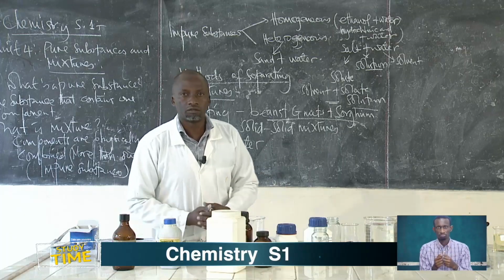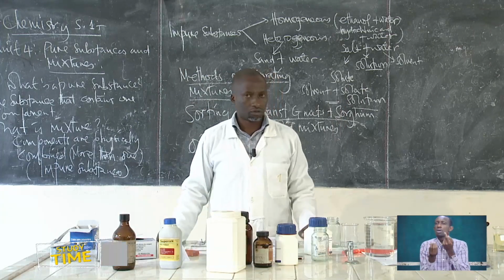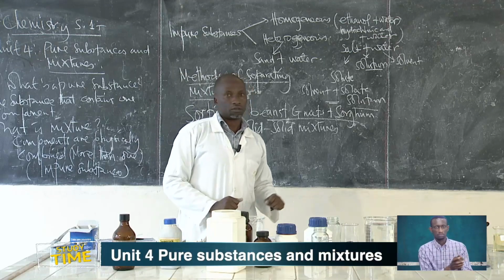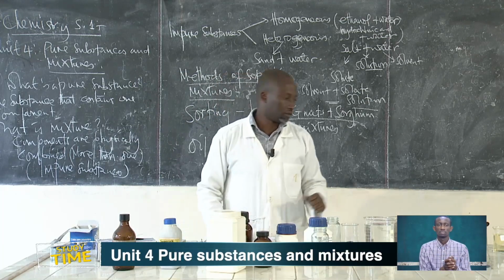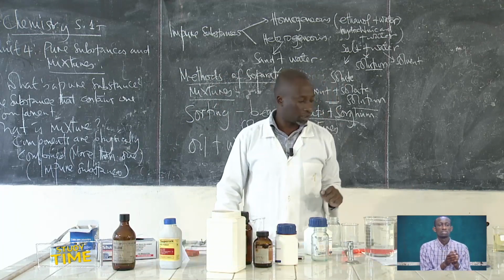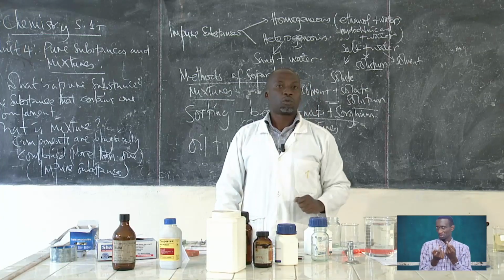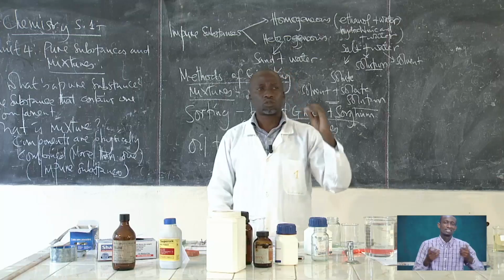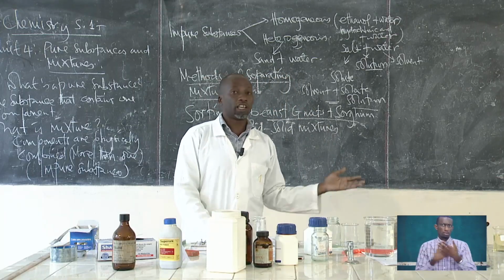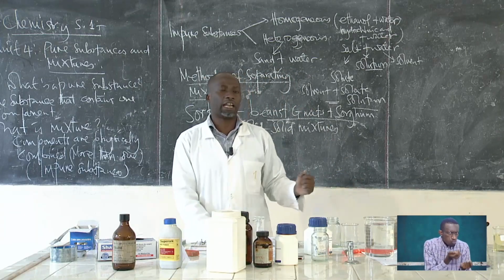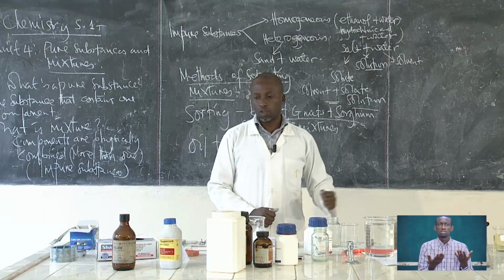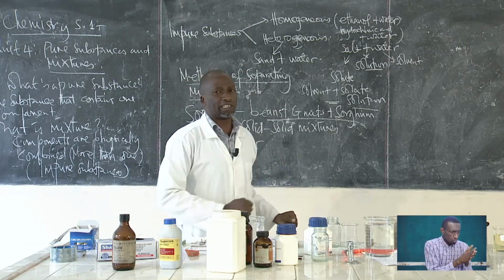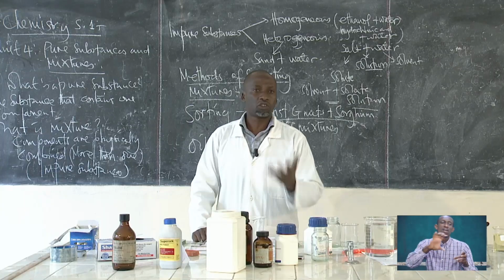You are in the kitchen, you are cooking food, and you have your oil, you want to fry your food, give it more taste. Oils are very important for our bodies because they provide fats that can be a source of energy. And you are in the kitchen, all of a sudden, the oil is poured in the water. Of course, you can't be in the kitchen without water. So the oil is poured in the water by accident. What do you do?